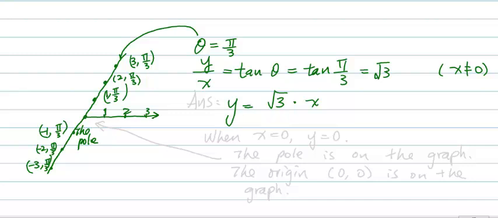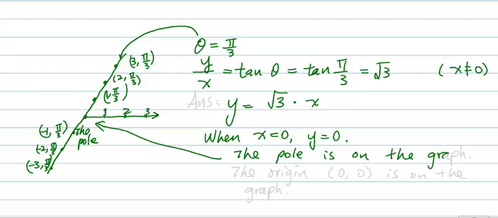We will consider the case when x equals 0. We look at this equation we got. When x equals 0, the right side is 0, so y equals 0. So we have to look at the original equation and see if the point (0, 0) is in there. Now we look at the graph.